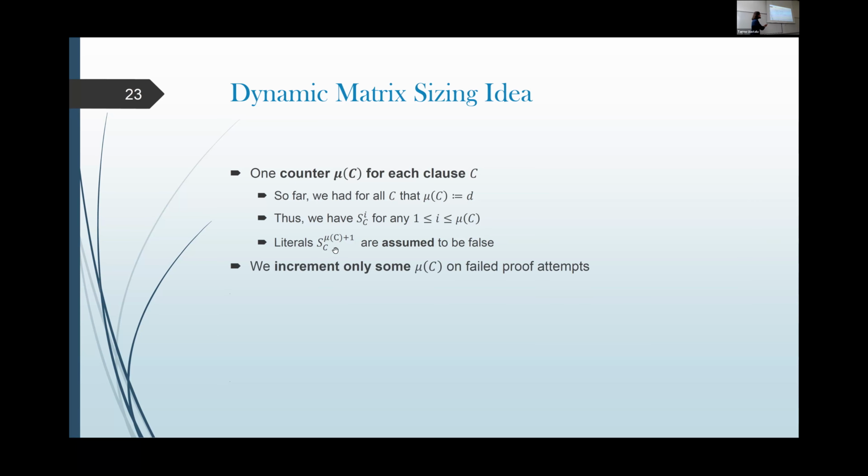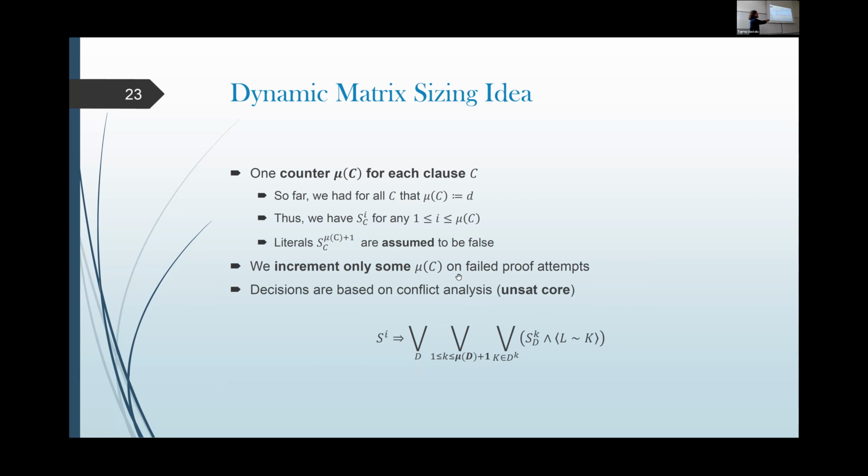That is the trick, because we only increment n_C for a given clause C when we have a proof attempt that failed, and the SAT solver told us this is because we assumed a certain selector to be false. So we base our decisions on the conflict analysis and the conflict problem.